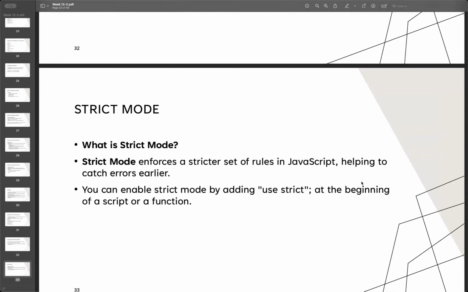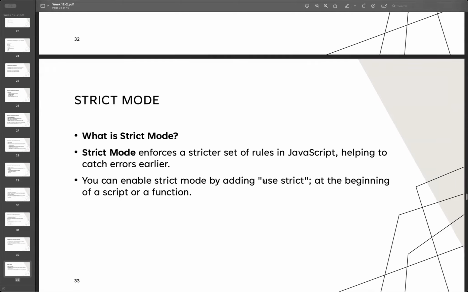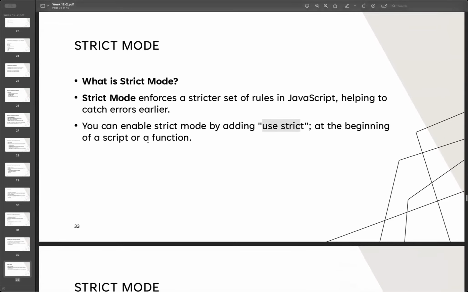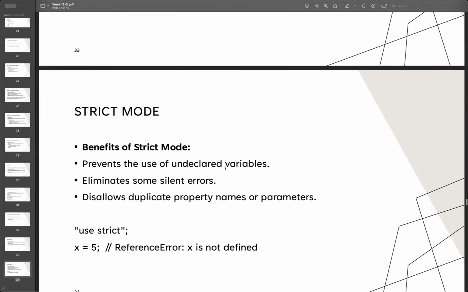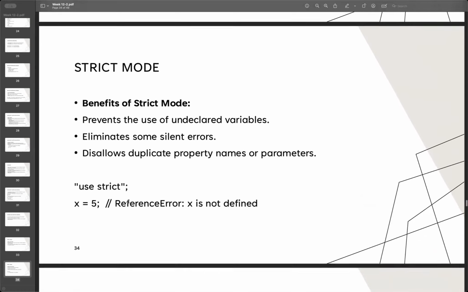And also we have the strict mode, so we can enforce a stricter set of rules in JS. It can help us catch some errors earlier. If you see some source code where we declare use strict in the beginning, then we are using strict mode. The benefits are that we can prevent the use of undeclared variables, and also eliminate silent errors. It also disallows duplicate property names or parameters.